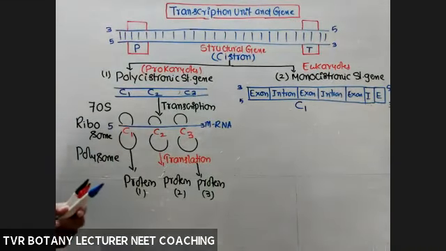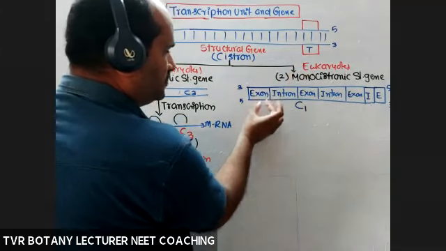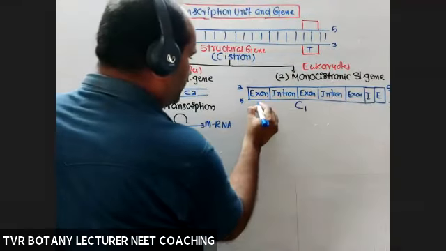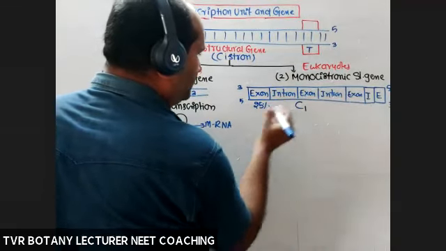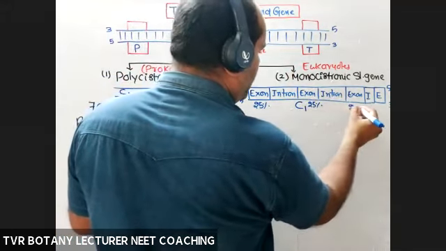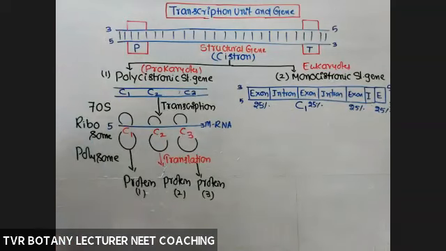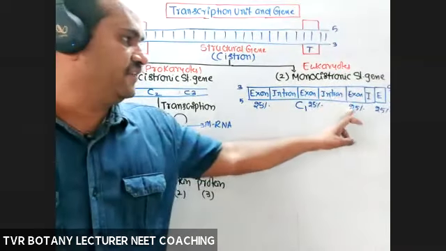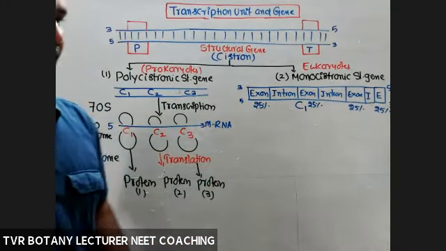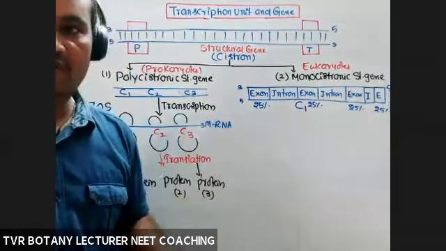Is it clear? So this cistron is divided into how many zones? Coding zone 1, coding zone 2, 3, 4. So 25% of that cistron, 25%, 25%, 25%, all belong to one cistron only. 25 plus 25 plus 25 plus 25 is equal to 100%.